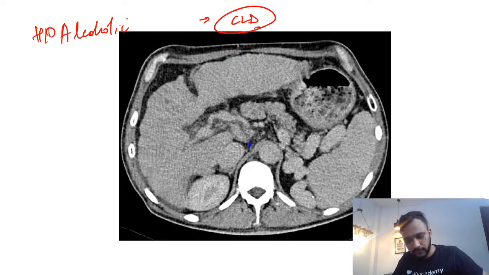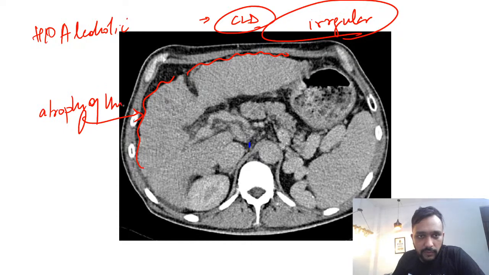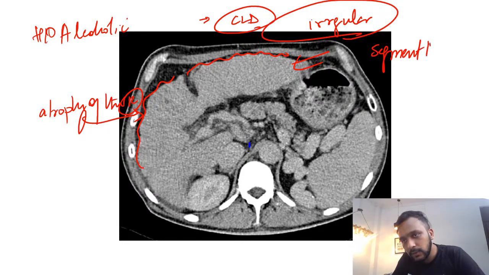This is a patient of chronic liver disease, and what we are able to see in this patient is an irregular nodular outline of the liver. We can see that there is atrophy of the right lobe of the liver, and hypertrophy of segments 2 and 3 of the liver.